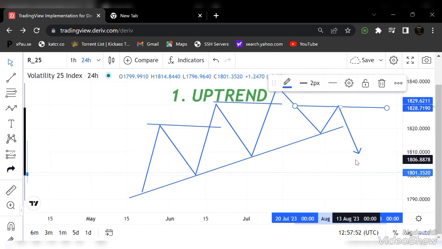Following higher highs and higher lows, if price fails to break the new high, it indicates a loss of momentum. I'm repeating this because it is very, very important, and you need to understand this. So we are done with an uptrend.